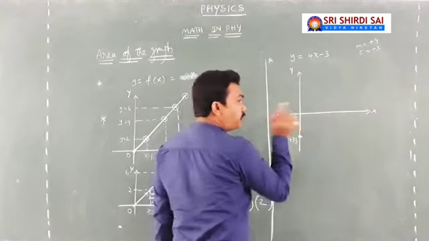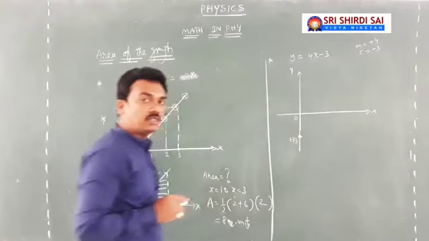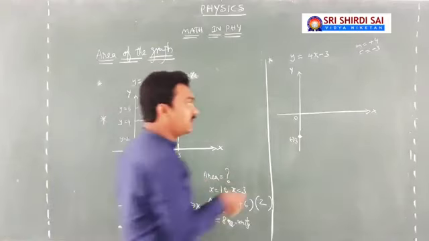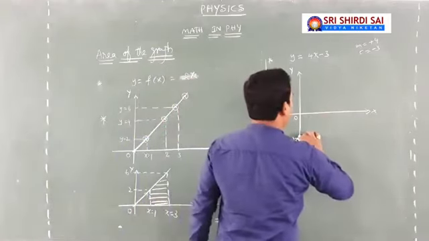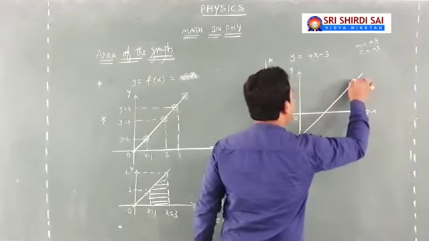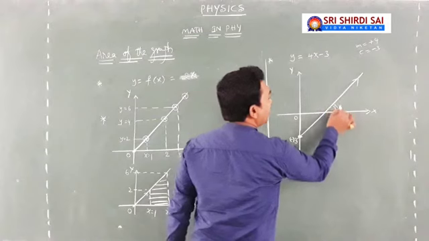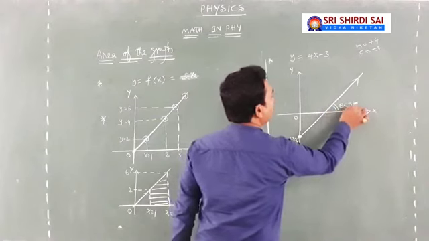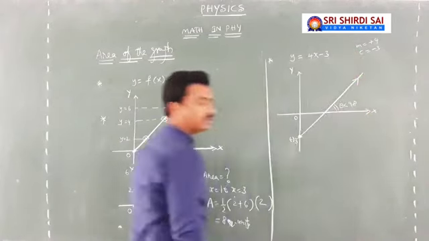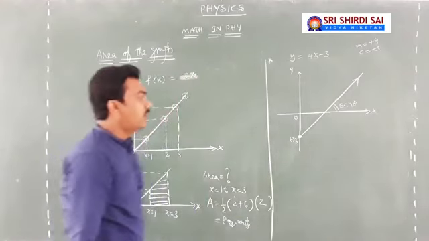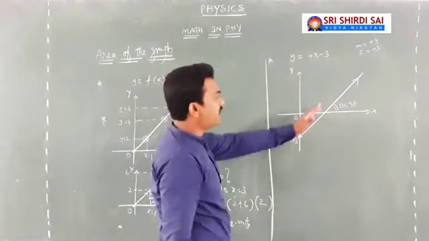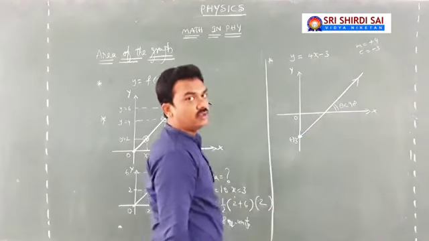And your slope is positive, which means your straight line should make an angle less than 90 degrees. That's why your straight line should be like this, which makes an angle theta less than 90 degrees with the positive x-axis so that your slope is positive. Don't forget that. And the y-intercept is negative, so your straight line will be like this.